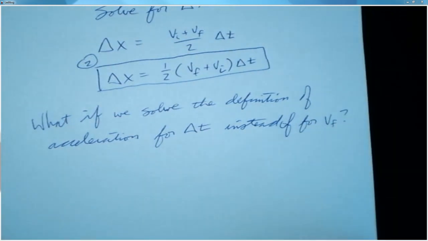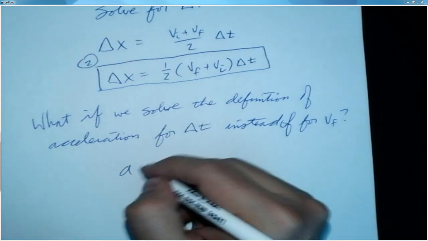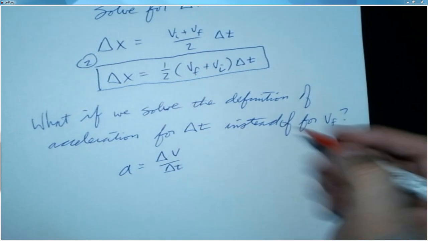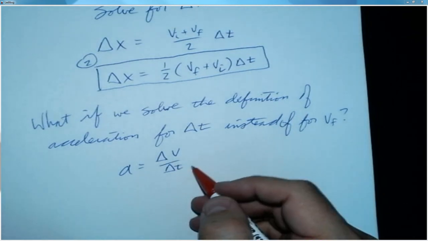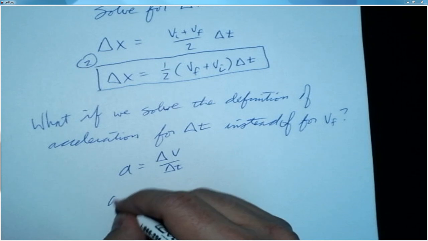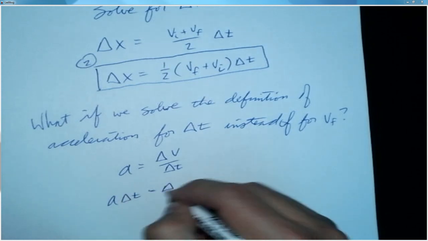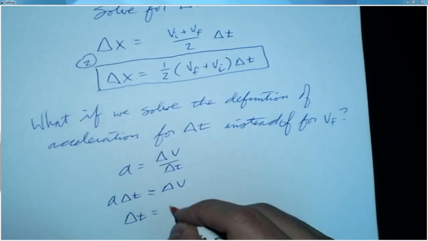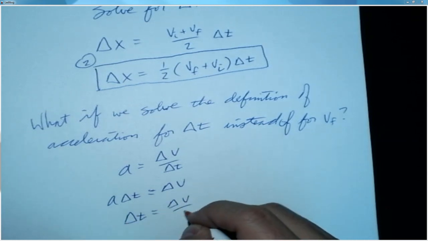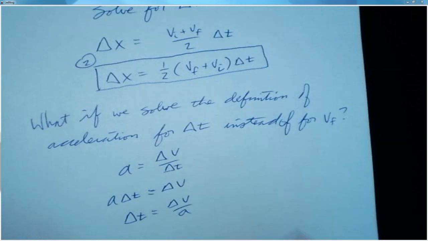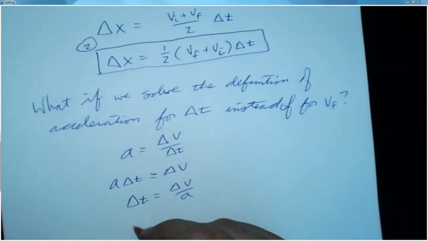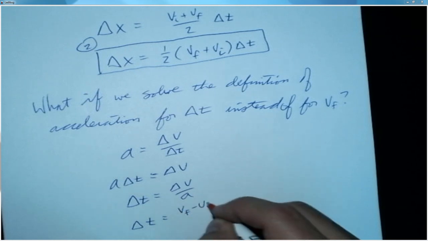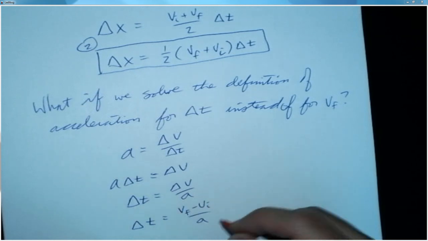So we started this whole journey with this equation here. What if we instead solved for delta t? That's real easy. You multiply both sides by delta t, you get a delta t is equal to delta v. And then you divide both sides by a, and you'll get delta t is delta v over a. And delta v is vf minus vi, so delta t is equal to vf minus vi over a.